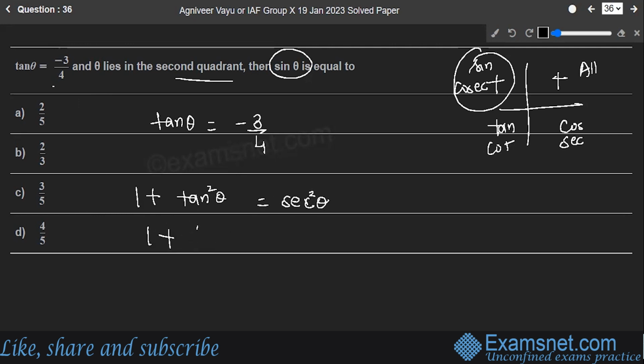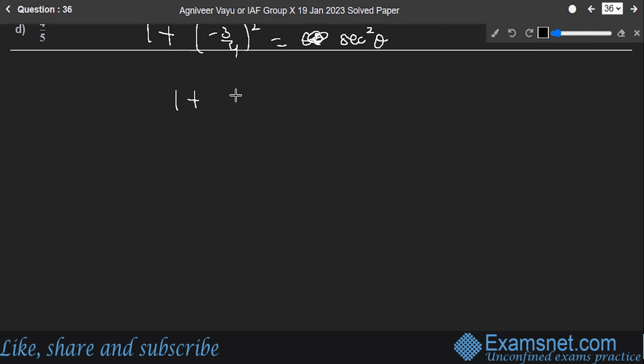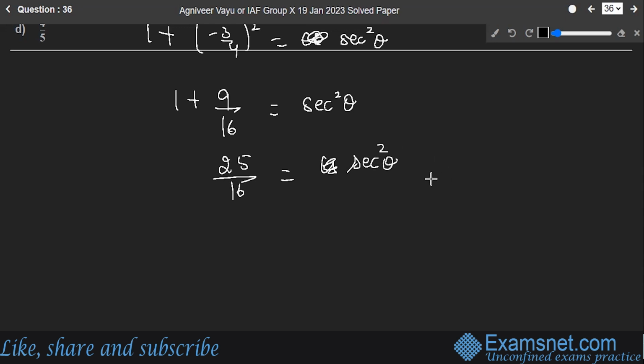So 1 + (-3/4)^2 = sec^2 theta, which is 1 + 9/16 = 25/16 = sec^2 theta. This gives sec theta = 5/4. Secant theta is the inverse of cos theta, so cos theta will be equal to 4/5.